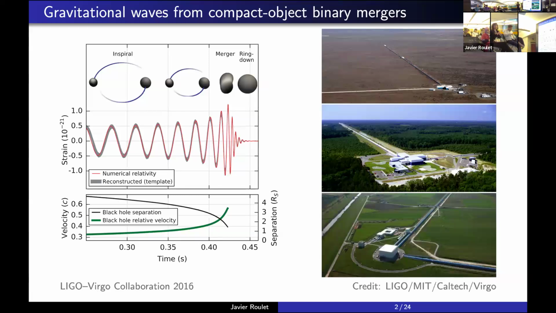This radiation takes away energy from the orbit, and then it makes the orbit shrink progressively. The more the orbit shrinks, the faster the orbit becomes, and the more intense the gravitational field. So the more gravitational waves are emitted, and this can be a runaway process that ends up with the merger of the binary into one final object.